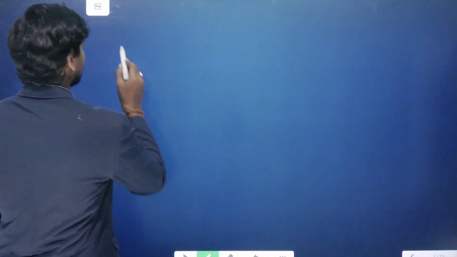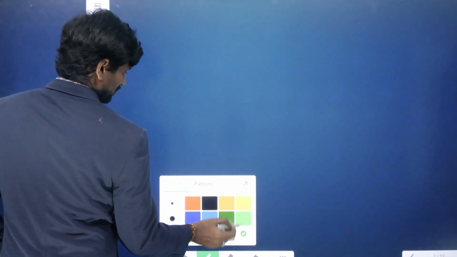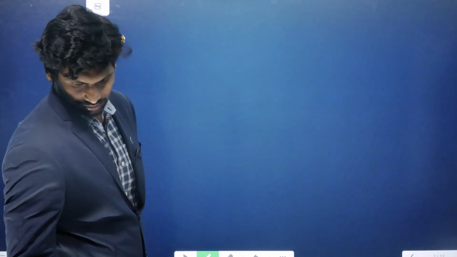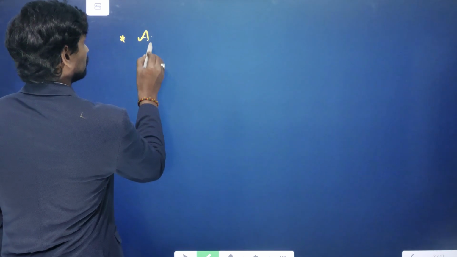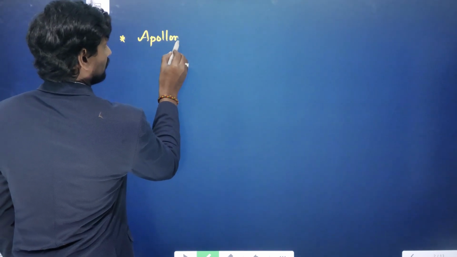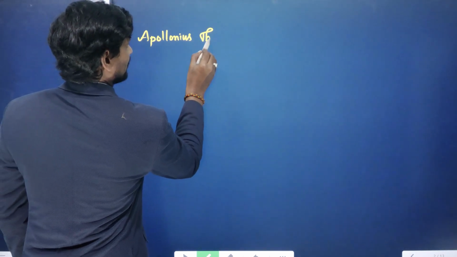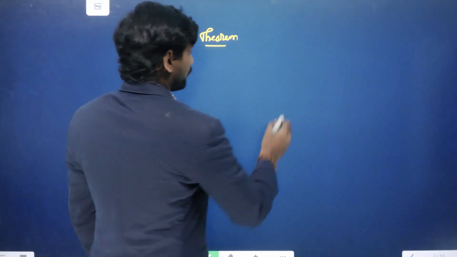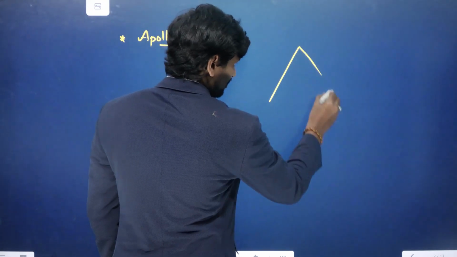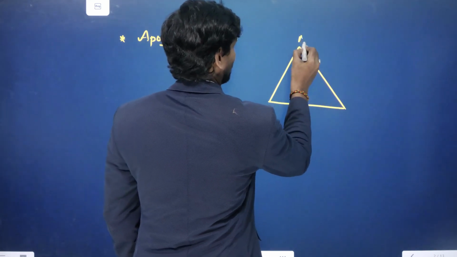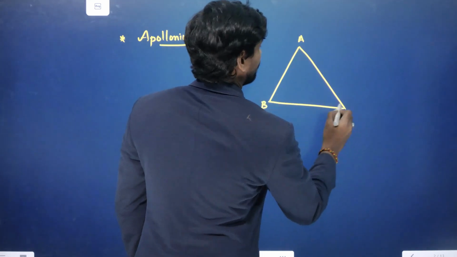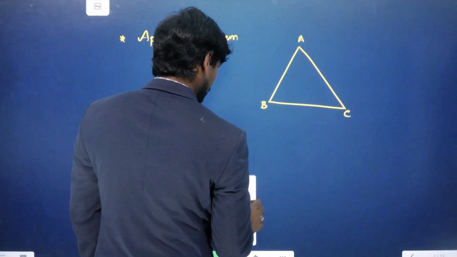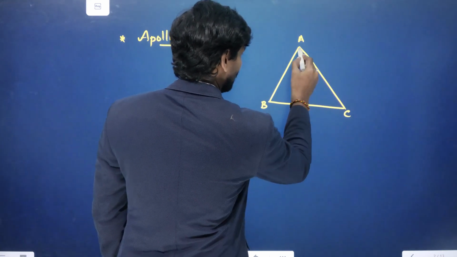The Apollonius theorem is discussed about this: if you take a triangle ABC, we are not taking a right angle triangle here, I am just taking ABC as a triangle and AD is a median.